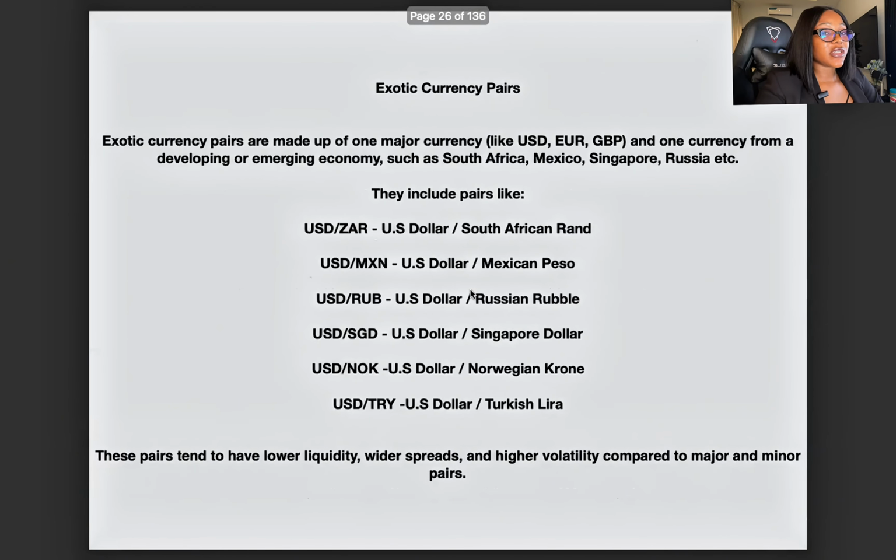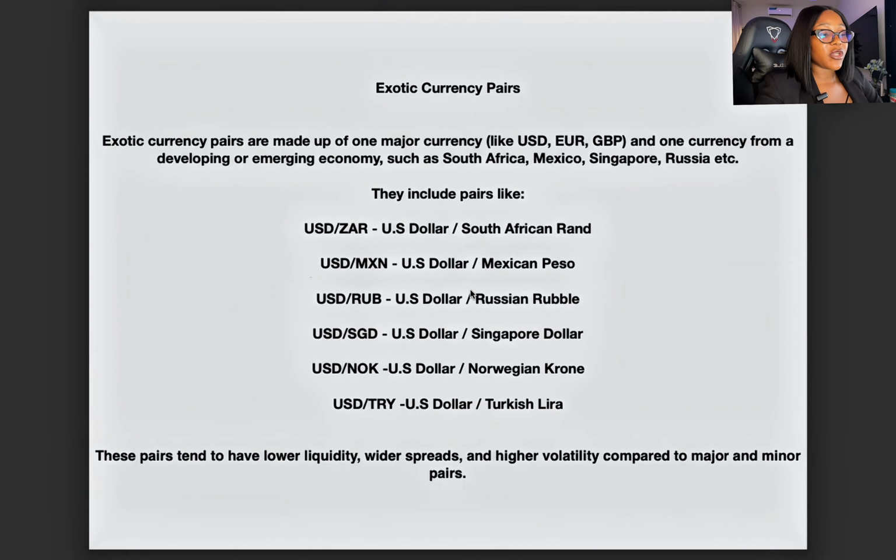Then the last but not the least is the exotic pairs. The exotic pairs, remember I told you, are one major currency and one currency from an emerging market. By emerging markets we mean developing countries such as South Africa, Mexico, Singapore, Russia. All of these different countries, Chile, their currencies paired with a major currency make an exotic pair. We have examples such as USD ZAR, which is USD versus the South African rand.